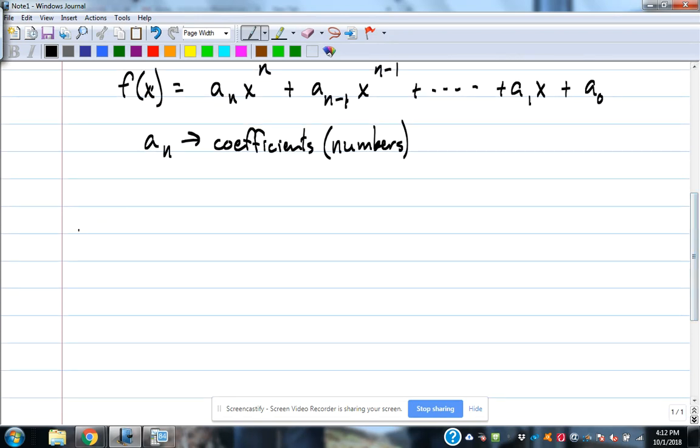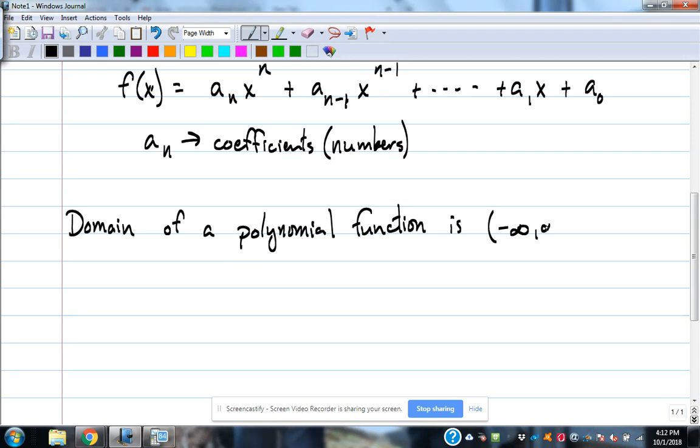All right. Speaking of properties, let's talk about domain, because everything we do within college algebra, if it's a function, we're going to deal with the domain of that function. And the domain of a polynomial function is from negative infinity to positive infinity. By the rules for a polynomial, you can't have x's in the denominator, right?